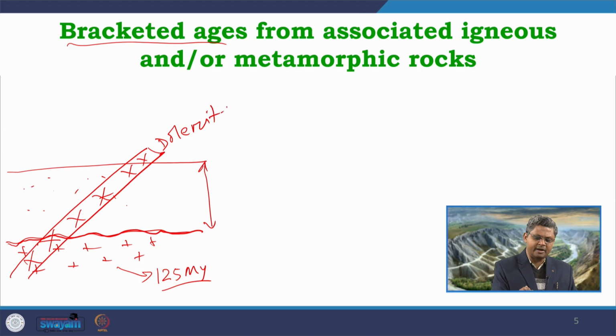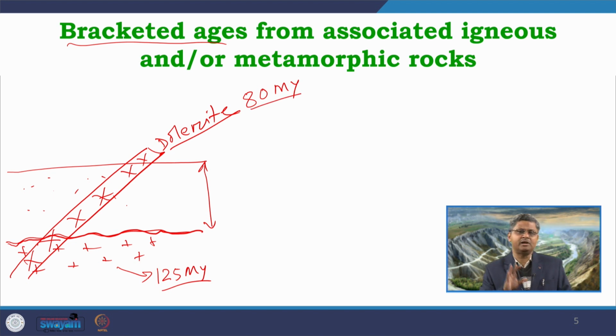and we can determine the age of that dolerite dike, and maybe this is giving us an age of 80 million years. So, now using the fundamental principles of stratigraphy, the law of superposition and the law of cross cutting relationships, we know that this granite body is definitely older than the sedimentary unit, and this dike body is the youngest one in this package, as it has cross cut all the other litho units.